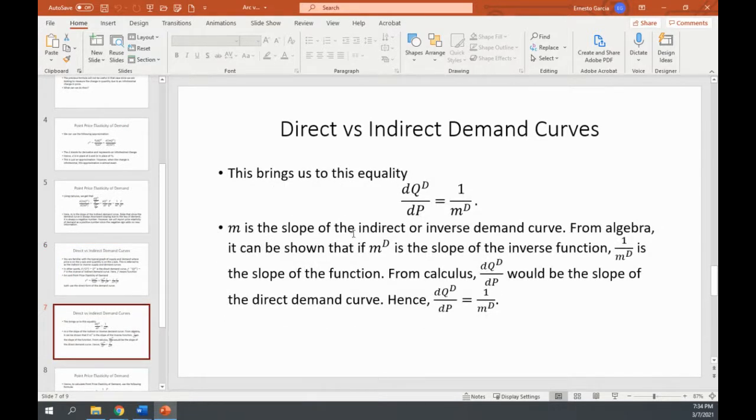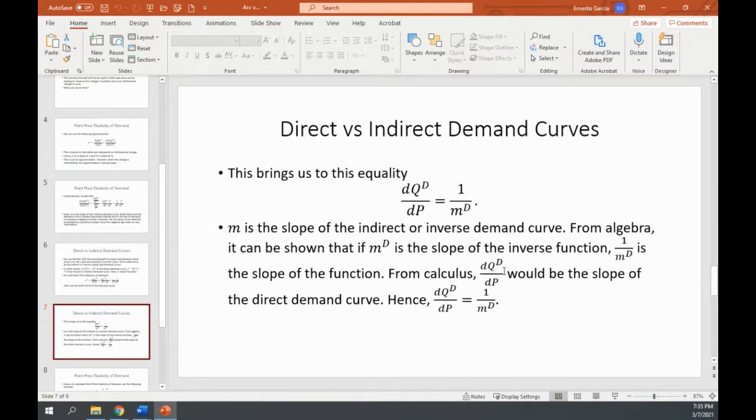Okay, so with that information in mind, we're left with this equality here, right? Essentially, the derivative of quantity demanded with respect to price is equal to 1 over the slope of the indirect or inverse demand curve. From algebra, we know that if m superscript d is the slope of the inverse function, then 1 over m superscript d is the slope of the direct function. So in this case, 1 over m superscript d is the slope of the direct demand curve.